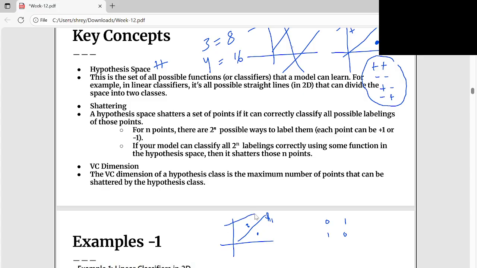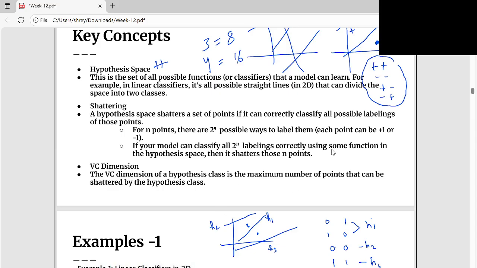This is h2, which shatters if the points are 0 0, and this is h3, which can shatter if the points are 1 1. So h3 shatters this labeling, h2 shatters this one, and h1 is going to classify these points. So h1, h2, h3 are in the set of this capital H.